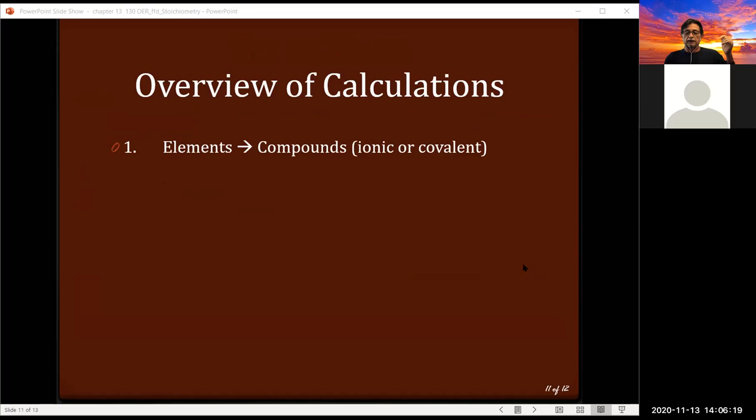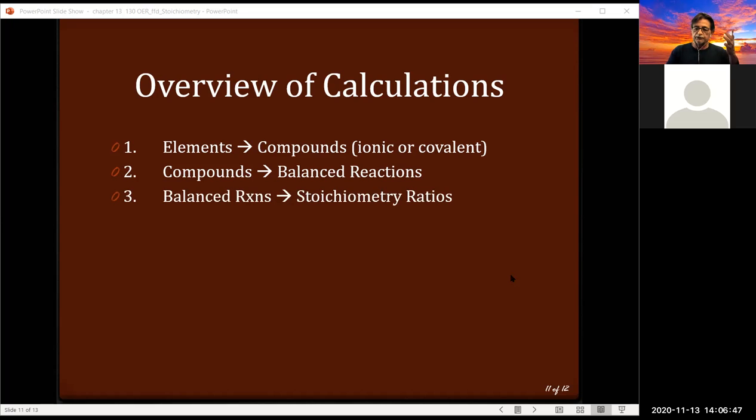All right. Now, basically, these calculations, okay, we started with the elements, as I mentioned. From there, we went to making compounds, be it ionic or be it covalent. Okay, so from the elements, we went on with ionic compounds, covalent compounds. Then we utilized the compounds to actually start reactions with each other, with reactants. And we learned about how to balance some of these reactions.